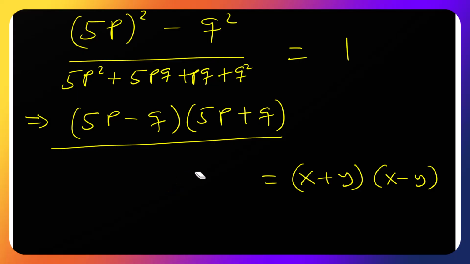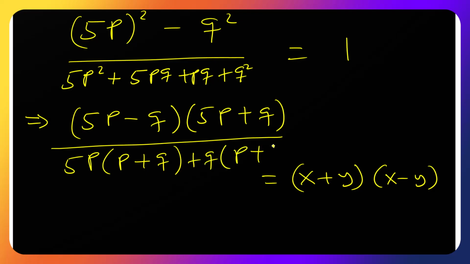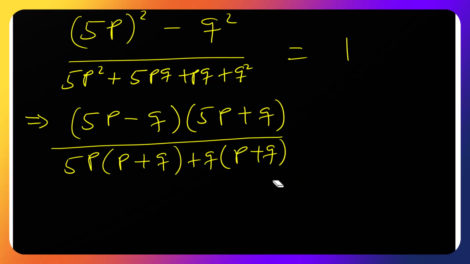In the denominator I can take 5p out, leaving p plus q, and take q out, leaving p plus q. So let's observe the two brackets. Yes, they are the same. This equals that. All right.